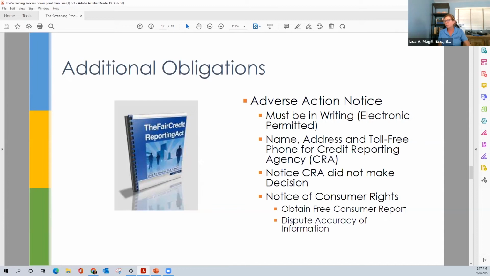They automatically include the name, address, and phone number for the credit reporting agency and a copy of the notice of consumer rights. That's something that's often omitted. And if you're using a good company that handles some of the logistics, that should be taken care of for you. But it is a kind of a red herring because it could get you in trouble even if you didn't do, quote, anything wrong.